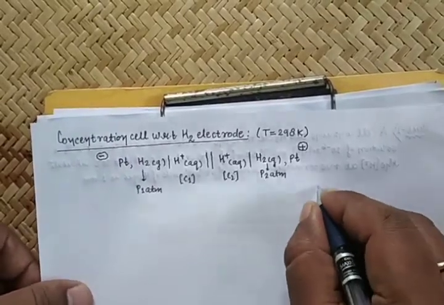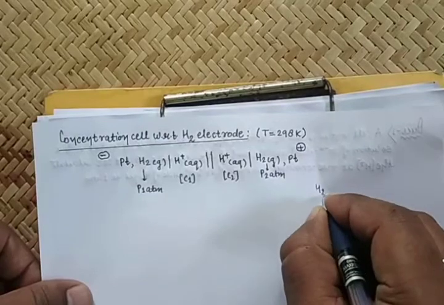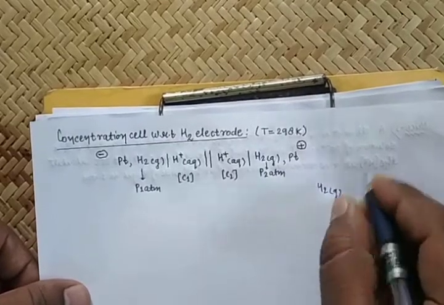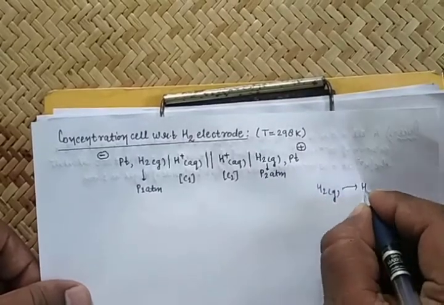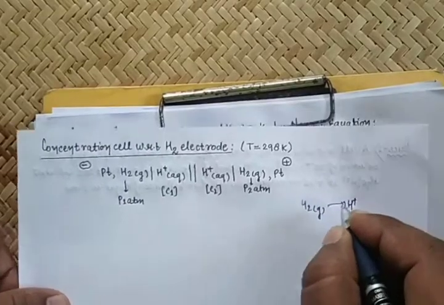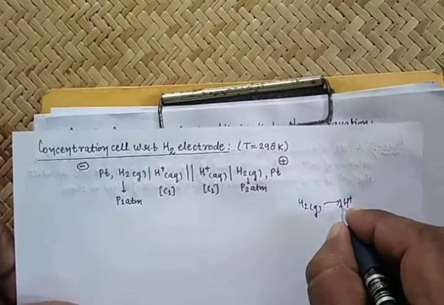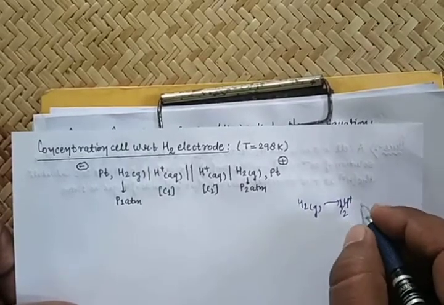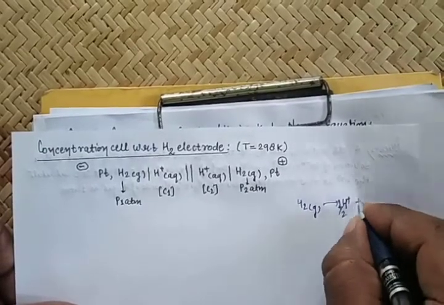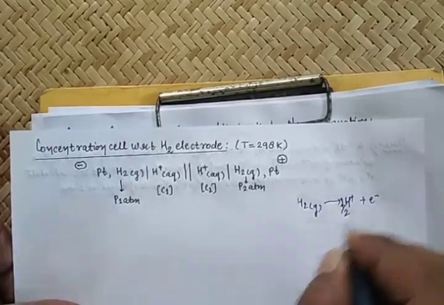Now H2 gas is converted into what? 2H plus, or half H2 gives H plus plus an electron. Clear?